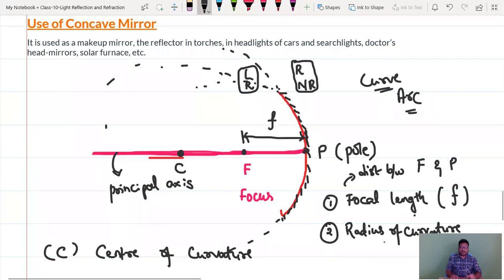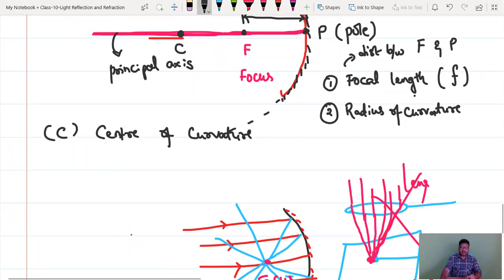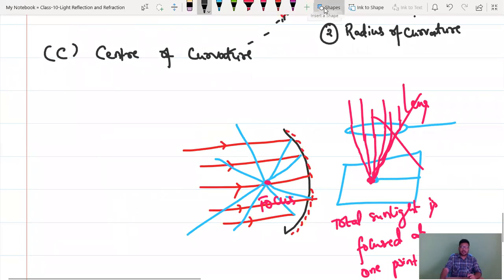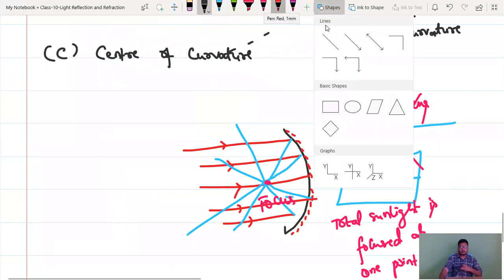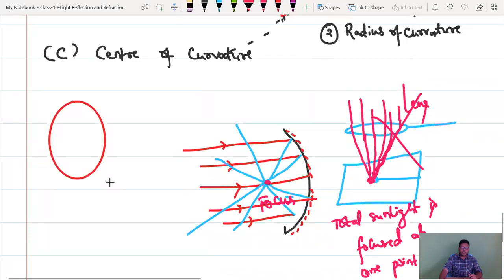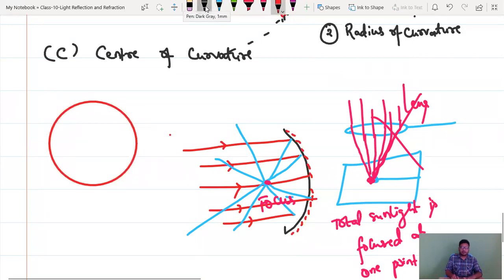Next, what is radius of curvature? Guys, to understand radius of curvature, you have to understand circle. We know circle. If you take a circle and if this is the center point of the circle, and if you draw a line from center to the circumference of the circle, it is known as radius, isn't it?